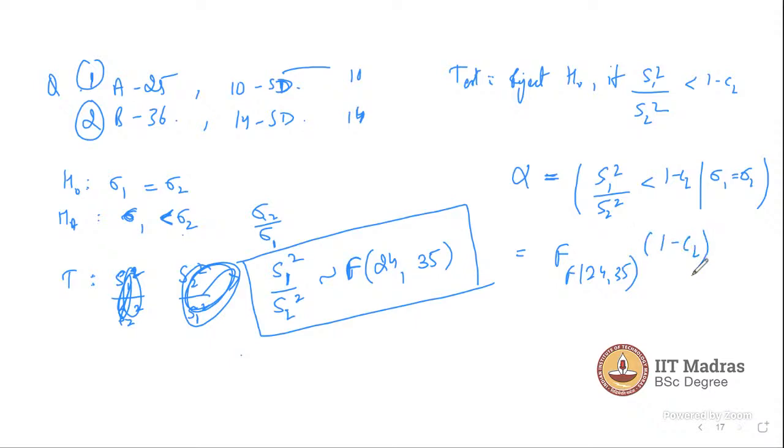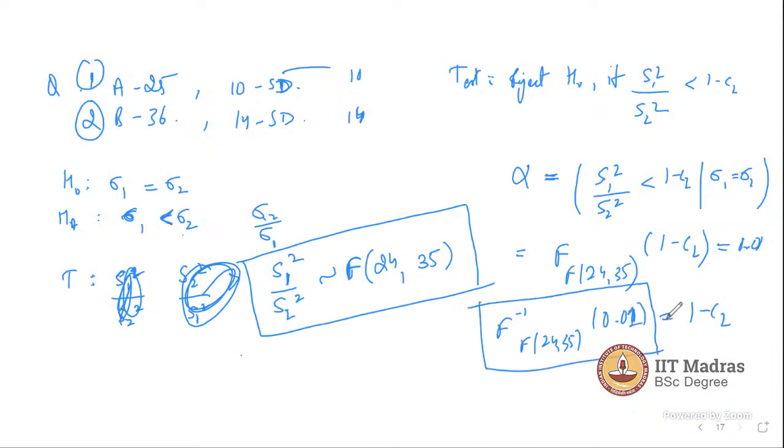And if your alpha is given, in this case your alpha was given to be 1%, so 0.01. So we have to find F inverse of F of 24, 35, 0.01 equals 1 minus CL.